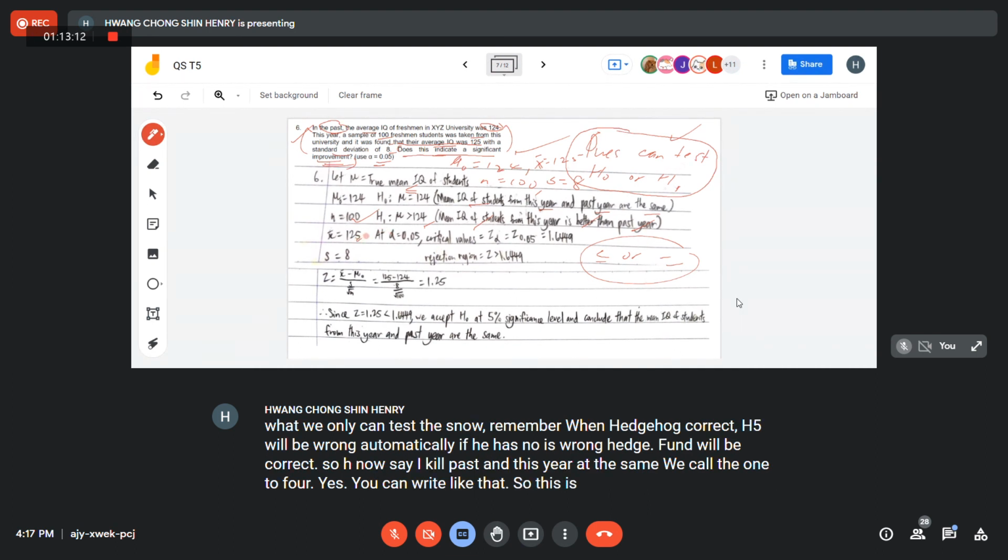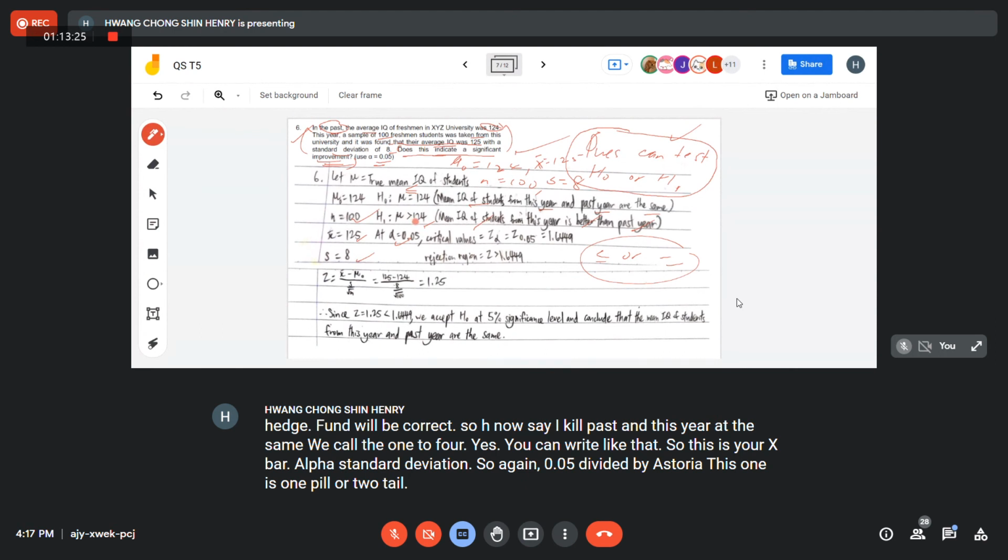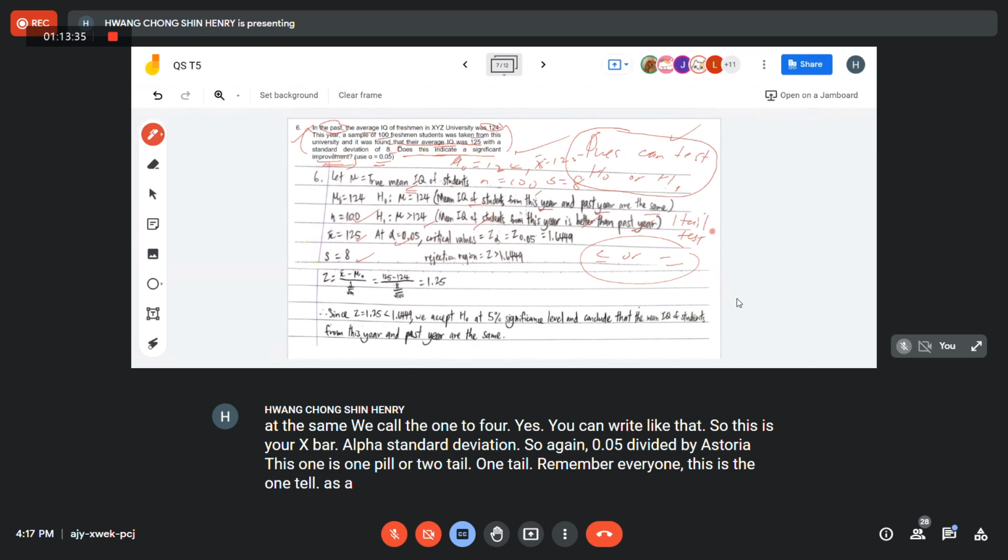So this is your X bar, alpha, standard deviation. So again, 0.05 divided by... is this one tail or two tail? One tail. Remember everyone, this is a one tail test, right tail.